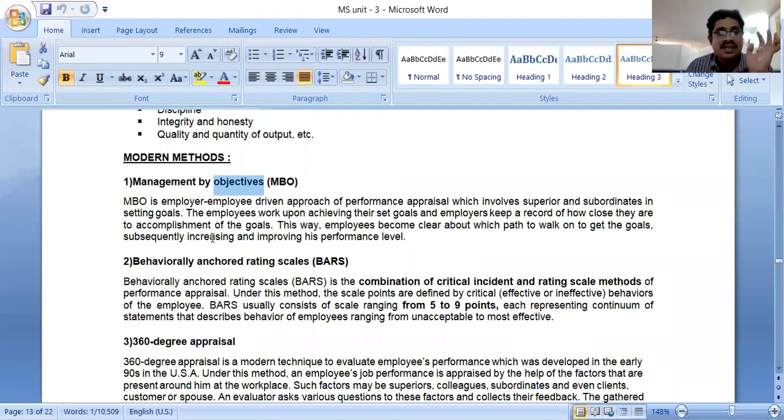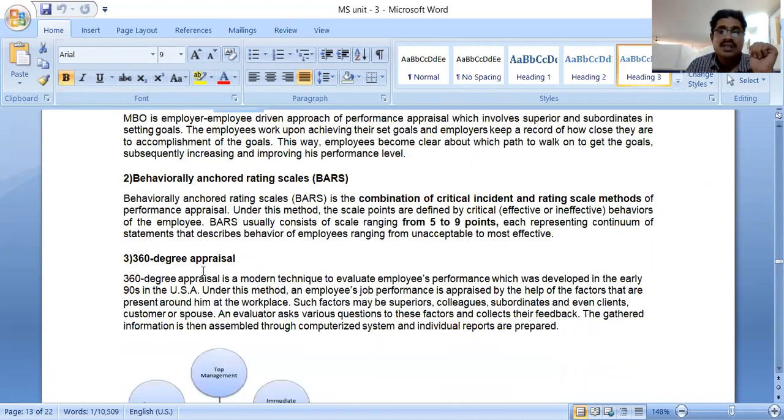That's the major thing we should remember here. So the employee's work performance is related to achieving the targets or not. That is the major criterion. So in management by objectives, we check the employee's behavior based upon target achievement.